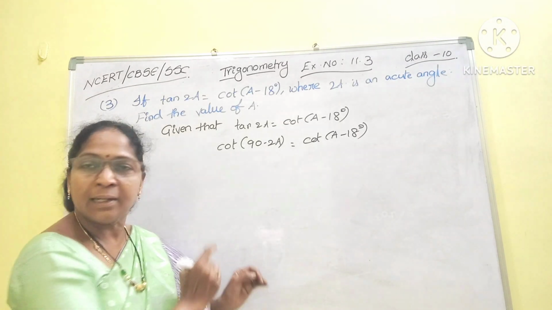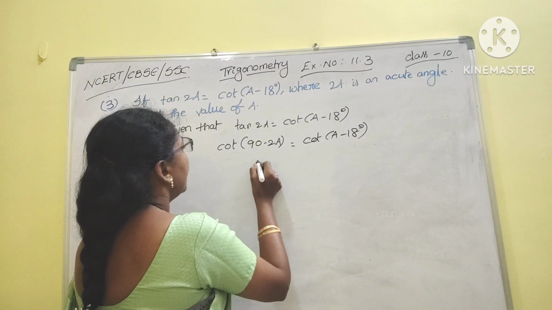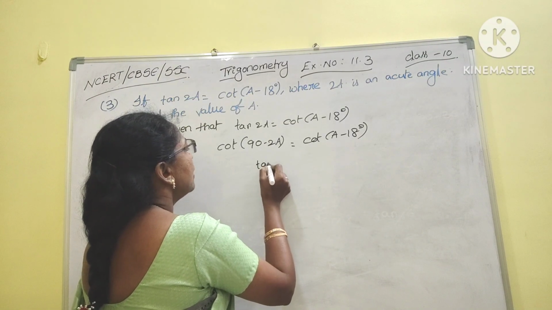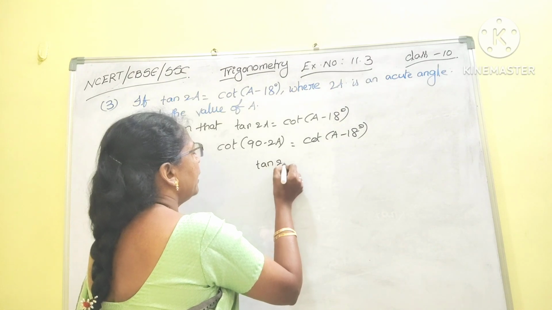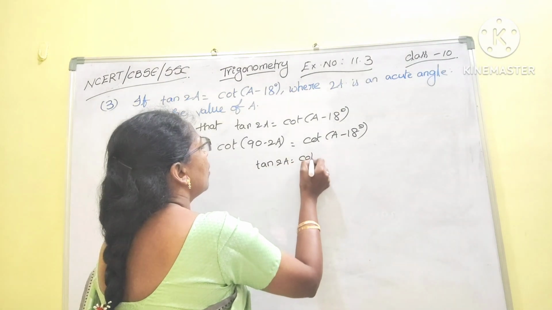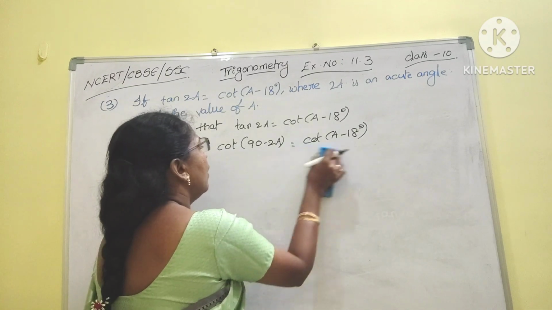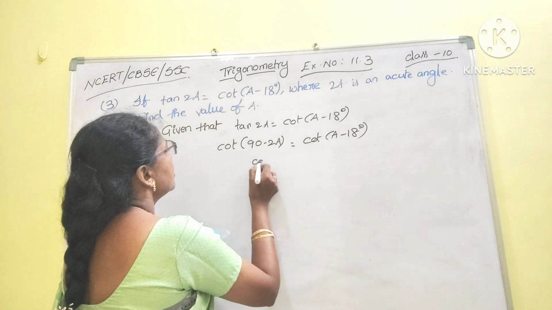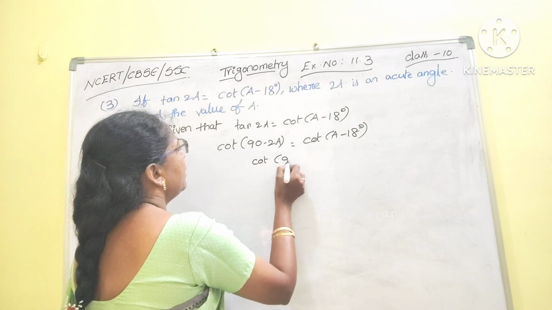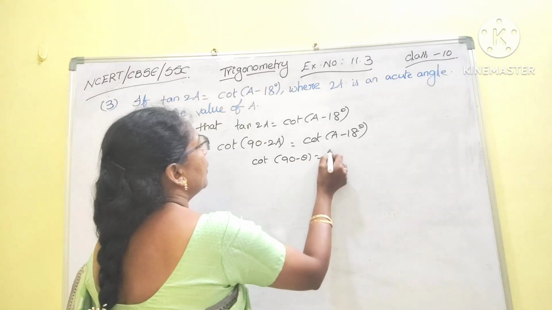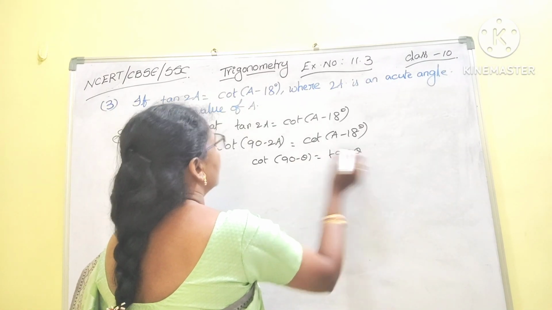How have we written it like this? Where we have tan 2A, we write cot(90 minus 2A), applying the formula cot(90 minus theta) equals tan theta.